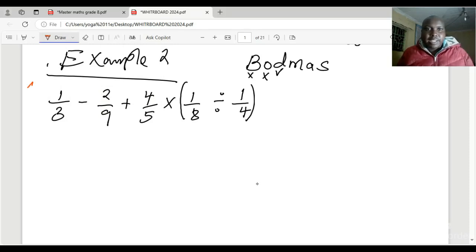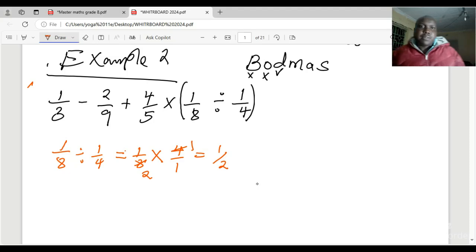So let's divide. I have told you when you are dividing 1 over 8 divided by 1 over 4, this is the same as 1 over 8 times, the number that you are dividing by, you change into its reciprocal. 4 up, 1 down. That is 4 over 1. And this one here once, here twice. So the answer is 1 over 2, a half.